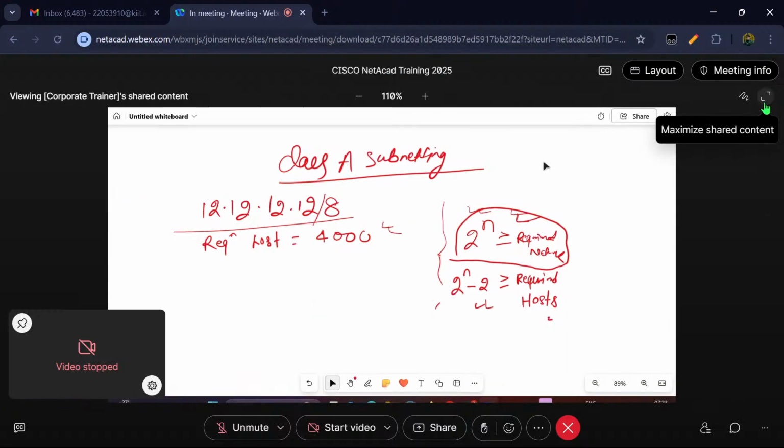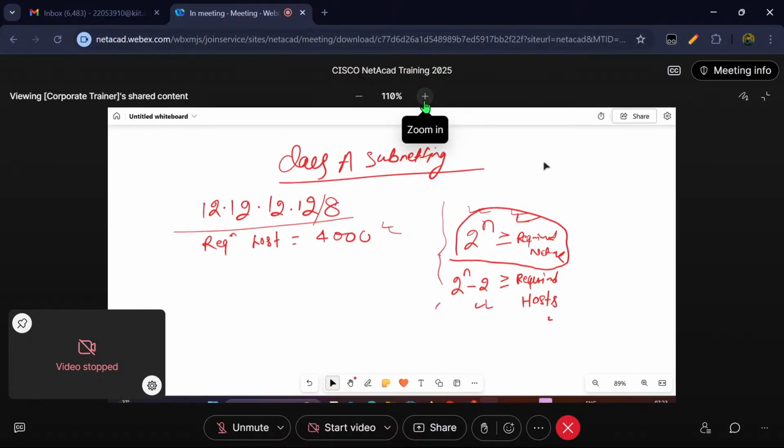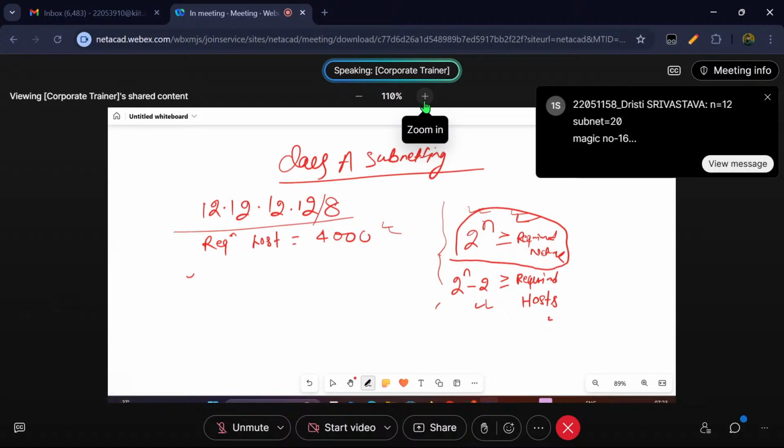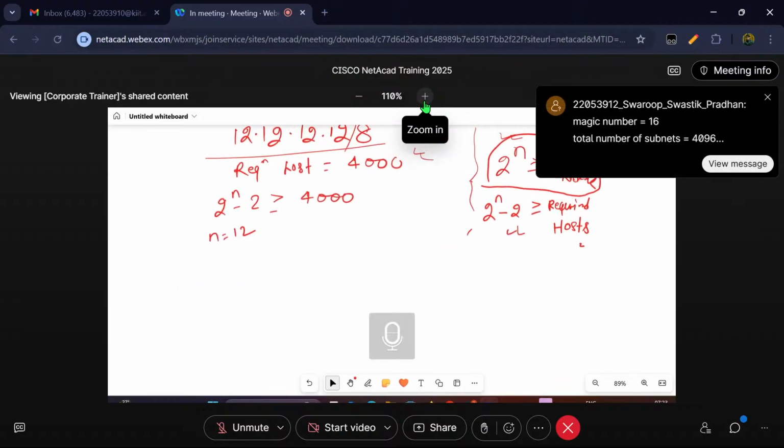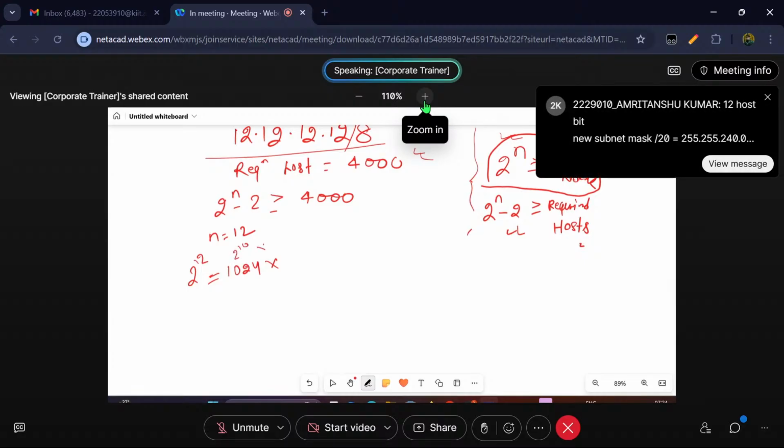So have you created subnet 0 and the last subnet? Just find the last subnet you are getting. Suppose you have applied the formula 2 to the power n minus 2, greater than or equal to 4,000. So if you use n equal to 12, we'll get the value: 2 raised to the power 10 is 1024, into 2 raised to the power 2, that is 4.